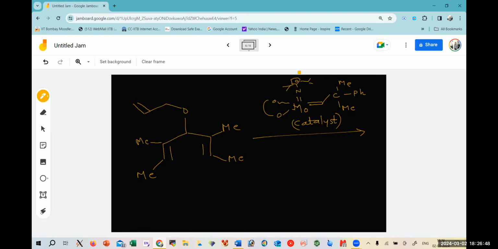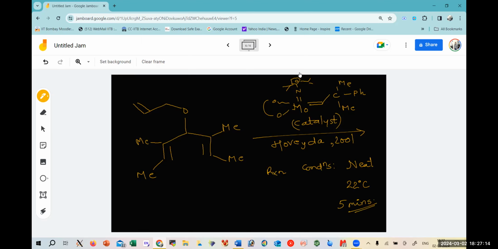This has been reported by Hoveyda, and in 2001 the reaction conditions were: it was a neat reaction without any solvent, at 22 degrees, close to room temperature, and this was just 5 minutes of reaction.